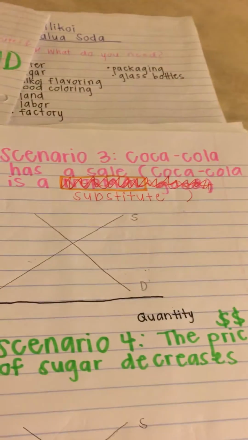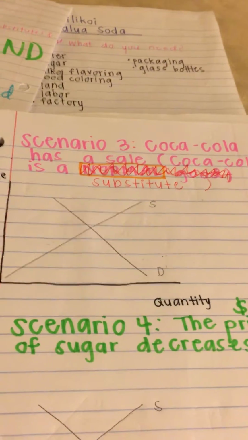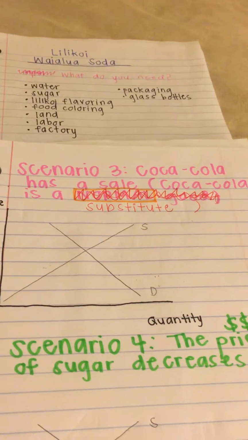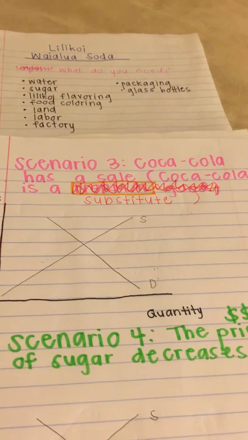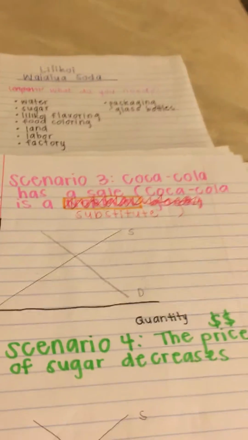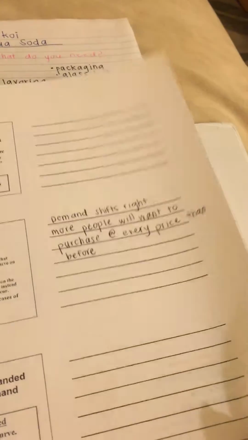In this scenario, Coca-Cola is a substitute. Substitutes are goods that are used in place of each other, and if the price of one were to decrease, then the demand for the other will shoot. Let's look at this. Okay.